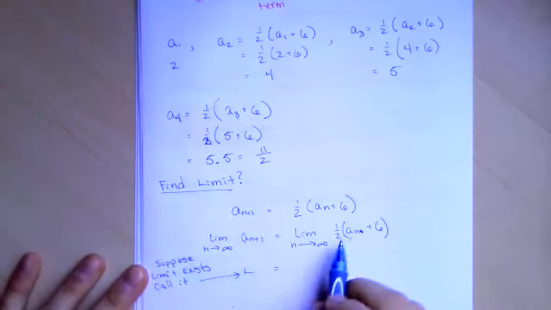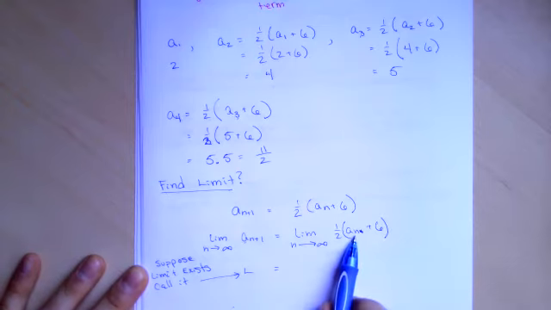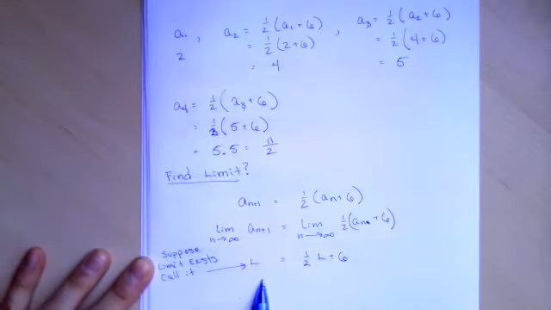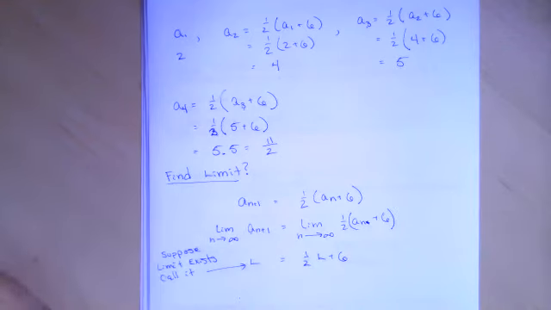Likewise, over here, these a_n terms, if there's a limit to the sequence, will go to that same limit. And so if the limit exists, it must satisfy this equation.